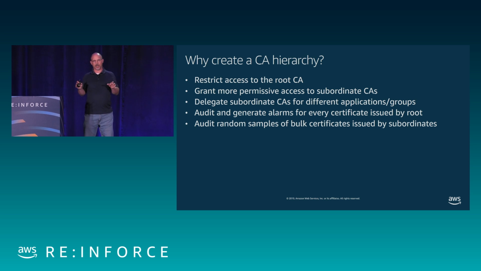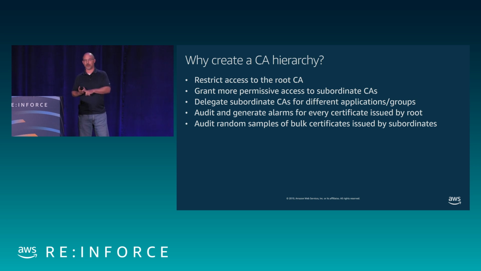And so you can delegate access to those CAs and keep them chained up to the same root, but delegate access. And then auditing and alarms for every certificate issued by the root is something we recommend. And we want to have these different policies. So if a root CA issues a certificate, that may be cause for an alarm, something you want to know about, because it's such a rare event that your root CA is generally used only to issue certificates for subordinate CAs.